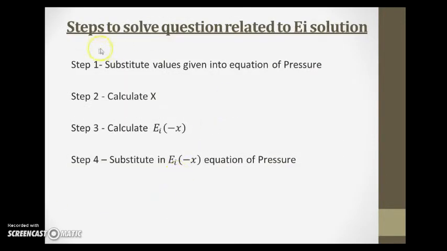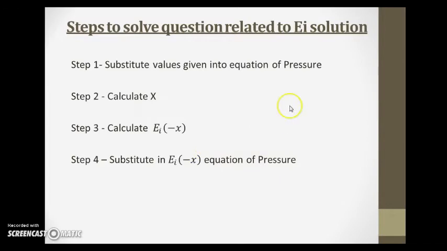So basically, the steps to solve the question related to EI solutions: first, substitute all the values given into the equation of P, and then calculate the X. After that, based on the value of X, we find out the EI. After we get the EI, only then can we substitute it inside the equation of pressure and obtain the pressures.